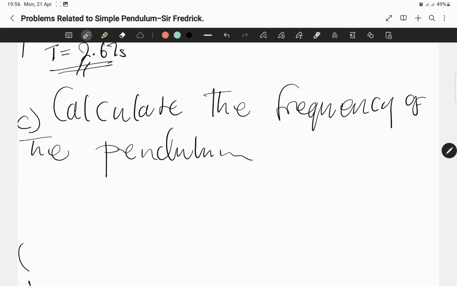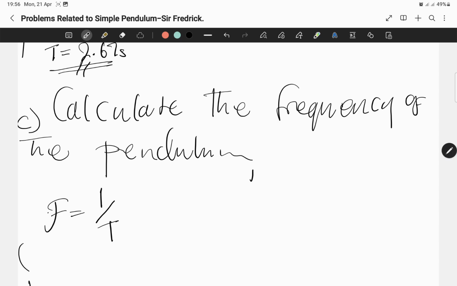We do well know that the formula is frequency is equal to 1 over period. Why 1? Because we assume that for us to have one frequency, we should have at least one complete cycle. That's why it is like that.